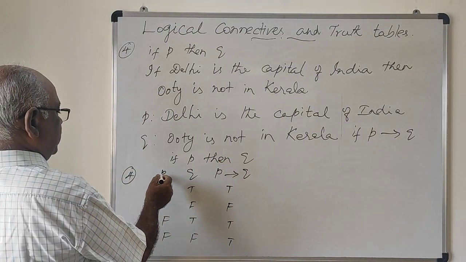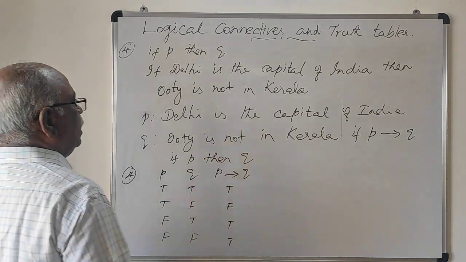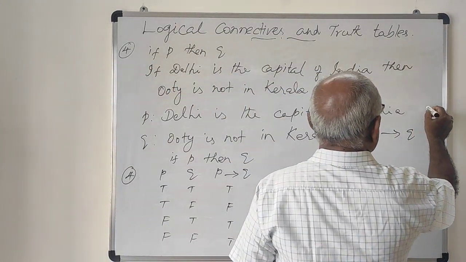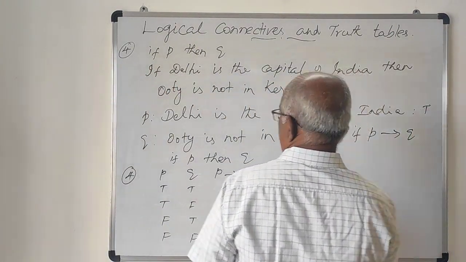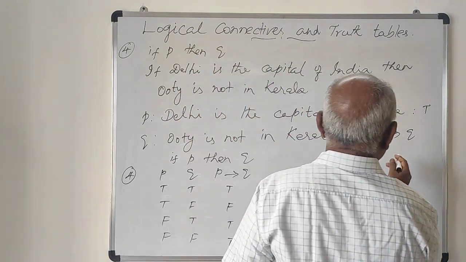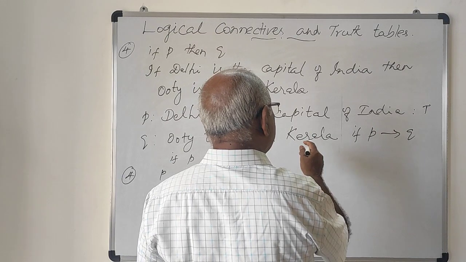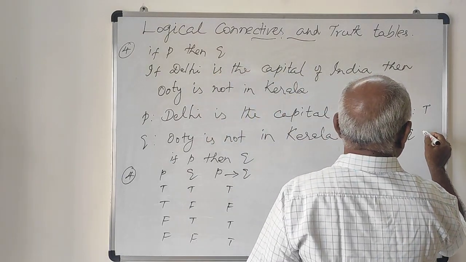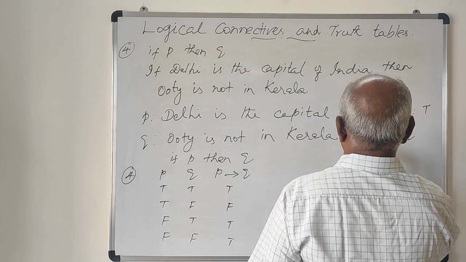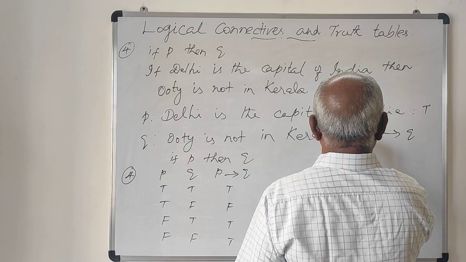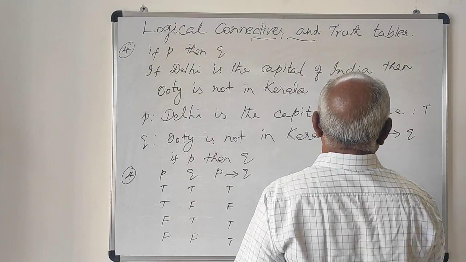If P, Delhi is the capital of India, this is true. Ooty is not in Kerala. Ooty is in Kerala, not in Kerala. It is also true. Q is also true.